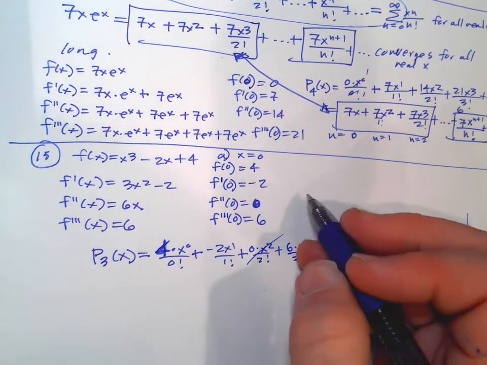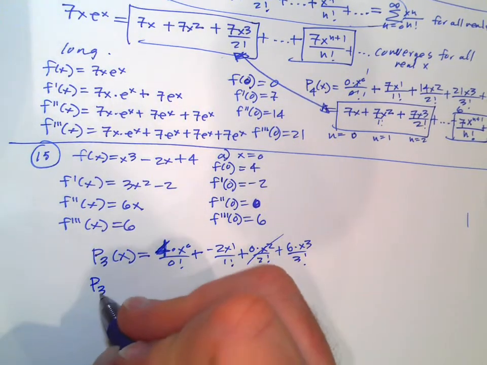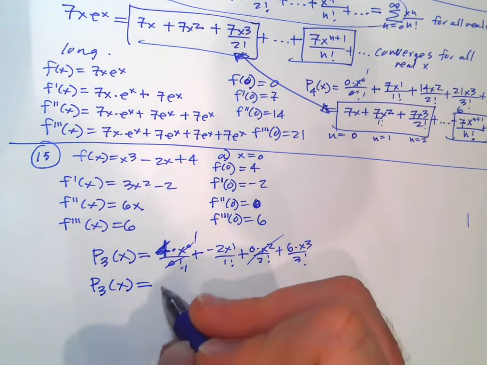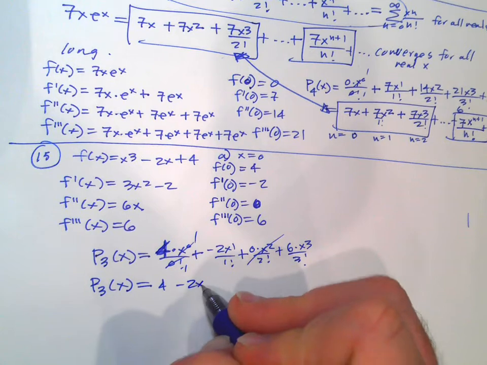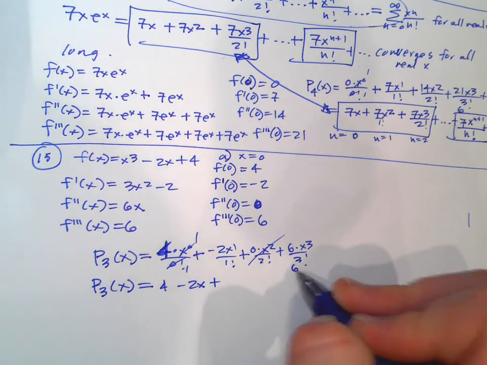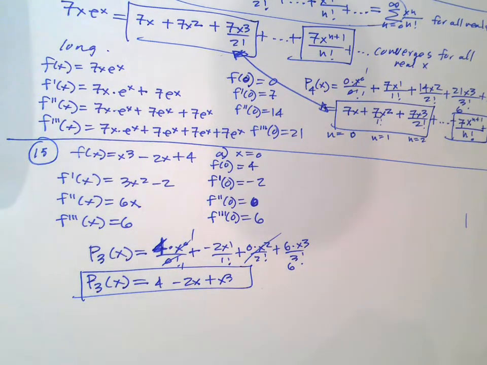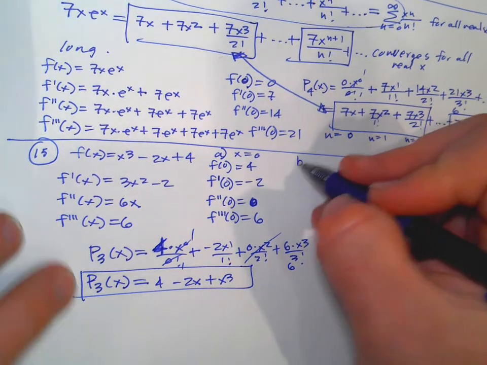The 0 term just drops out. So P sub 3, the third order Taylor polynomial, is 4 minus 2x plus x cubed. That wasn't so bad like the last one.